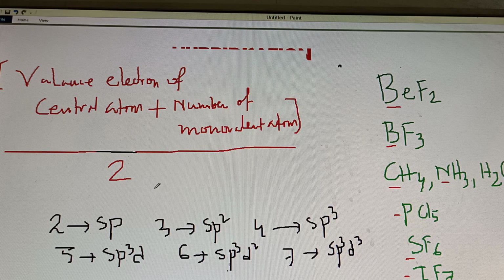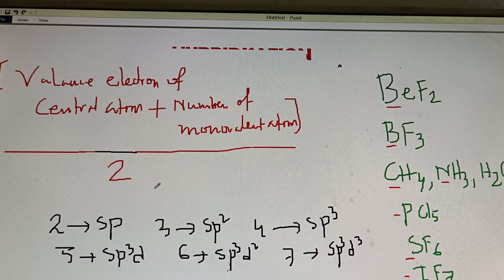If the molecule has a positive or negative charge, for a positive charge we have to subtract the number of positive charges from the upper value, and for a negatively charged molecule we have to add a sufficient number of electrons to the upper side.